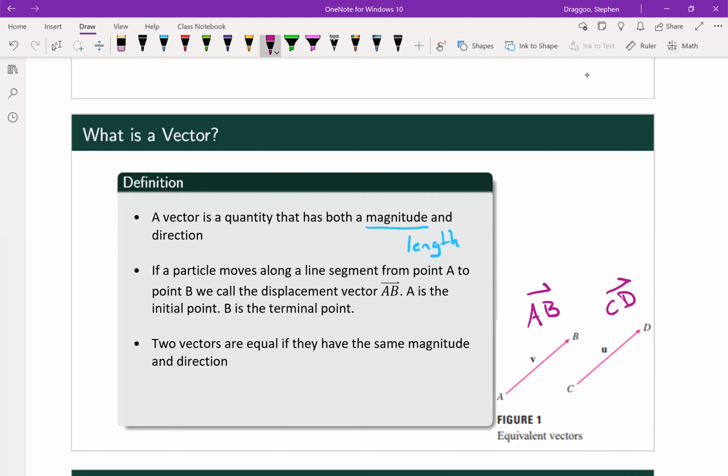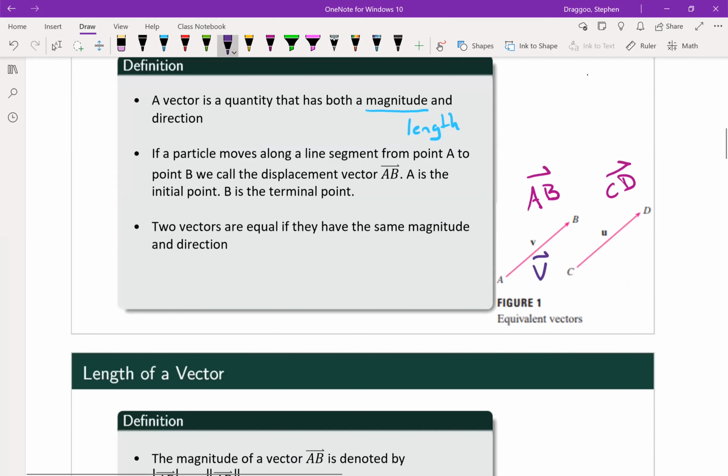So for example, these two vectors are also labeled V and U. Now when it comes to the textbook, whenever the text wants to talk about a vector, it's going to use a bold letter V to mean the vector V. But in the case of just writing in these notes, since it's rather difficult to write in bold, if I want to talk about a vector V, I'm just going to put a hat on the letter V. Let's maybe do that in a color that's not blue. So V with a little hat means the vector V.